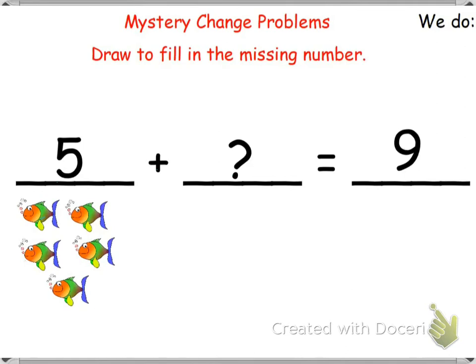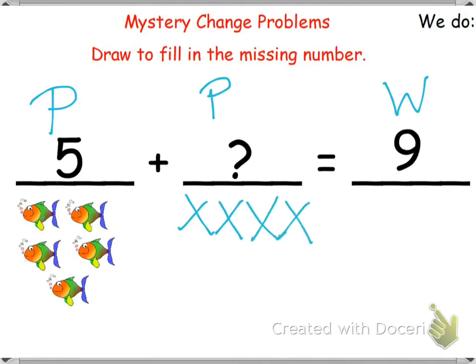So they give us the 5 fish, which is our part, plus our mystery part equal our whole. So we have to have 9 fish altogether. Well, they already give us 5. We have to add some more till we get to 9. So 5, 6, 7, 8, 9. How many did I just add? 1, 2, 3, 4. So our mystery was 4.